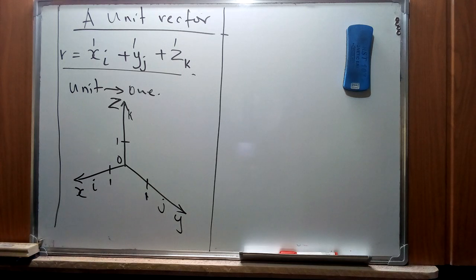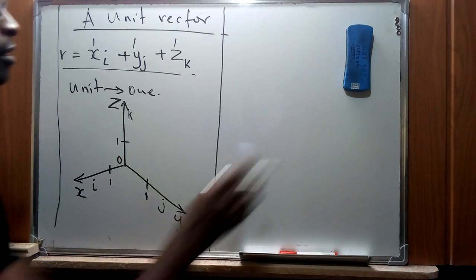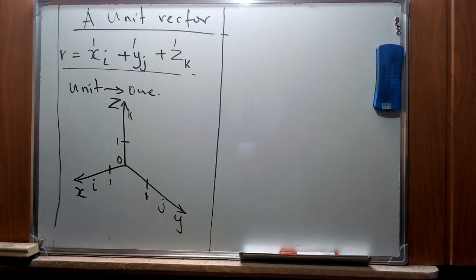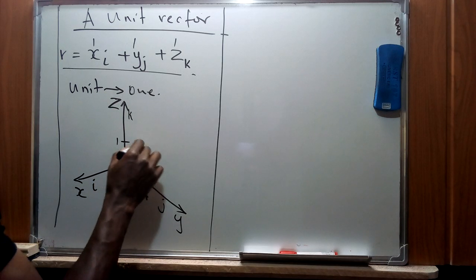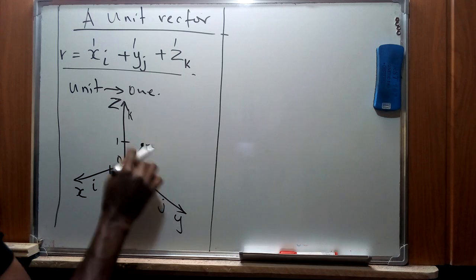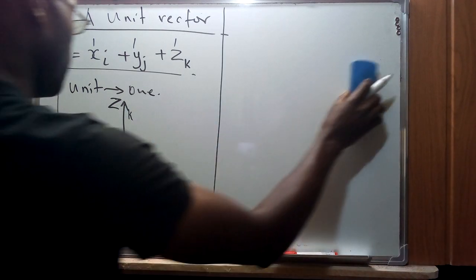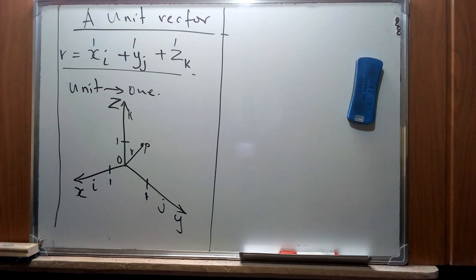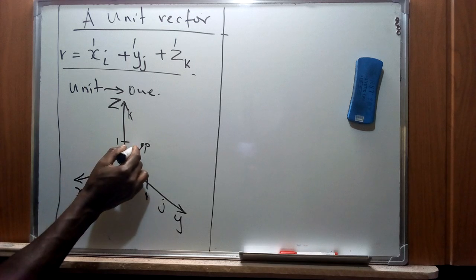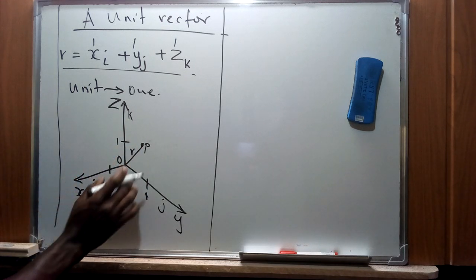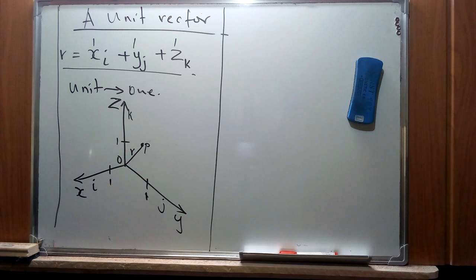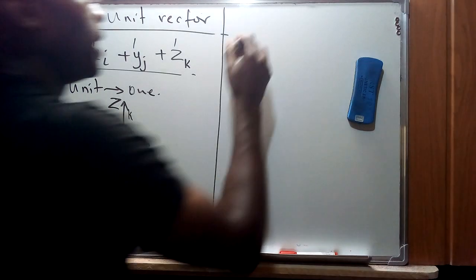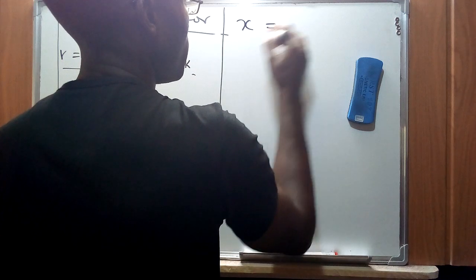Whenever we are trying to represent this in terms of the three components of x, y, and z, we can say that the position vector r, let's say from this point to B, the position vector of a particle at point B, can be represented using this r, which has components of 1 in the x, 1 in the y, and 1 in the z direction.